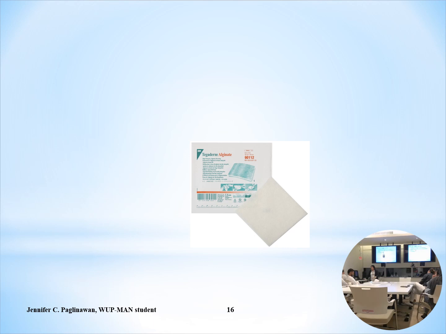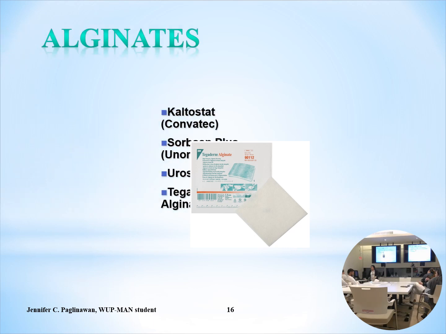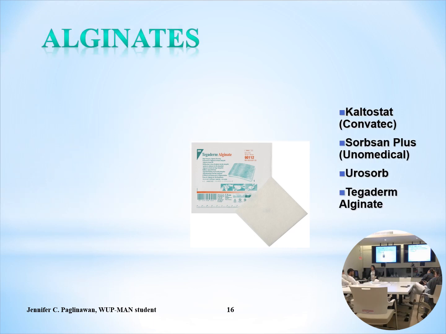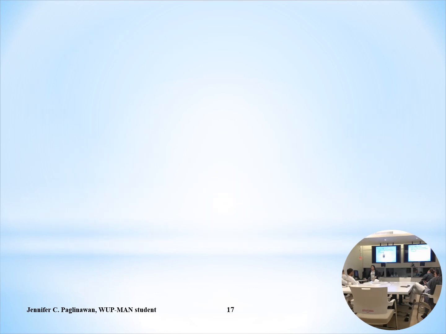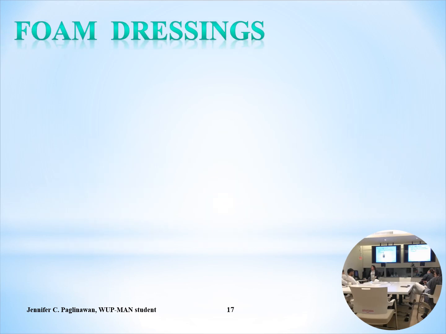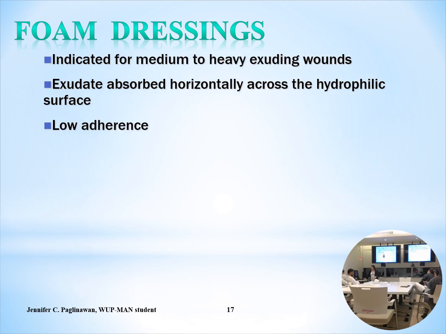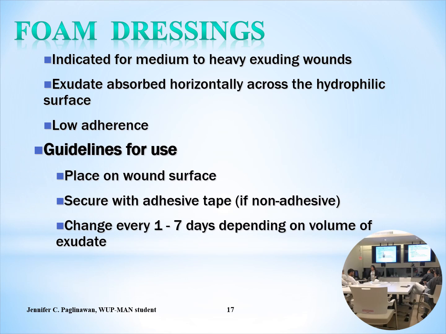Foam dressings. It's indicated for medium to heavy exudate wounds. Exudate is absorbed horizontally across the hydrophilic surface. It has a low adherence. So guidelines for use: place on the wound surface, secured with adhesive tape, and then change every 1 to 7 days depending on the volume of exudate.